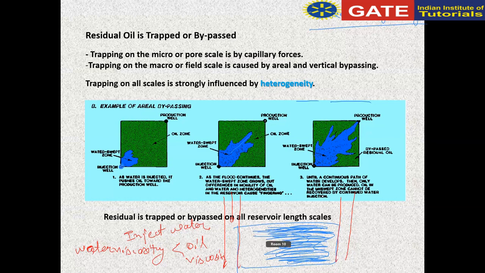So in your reservoir, your oil will be filled and the oil viscosity will be higher. When you inject water from the injection well, water having low viscosity creates a channel due to heterogeneity present in the reservoir.